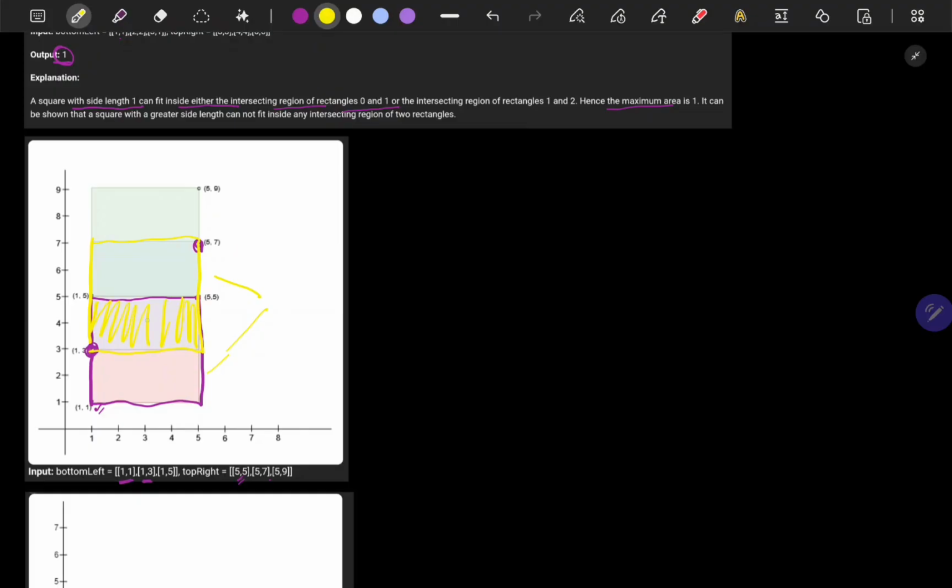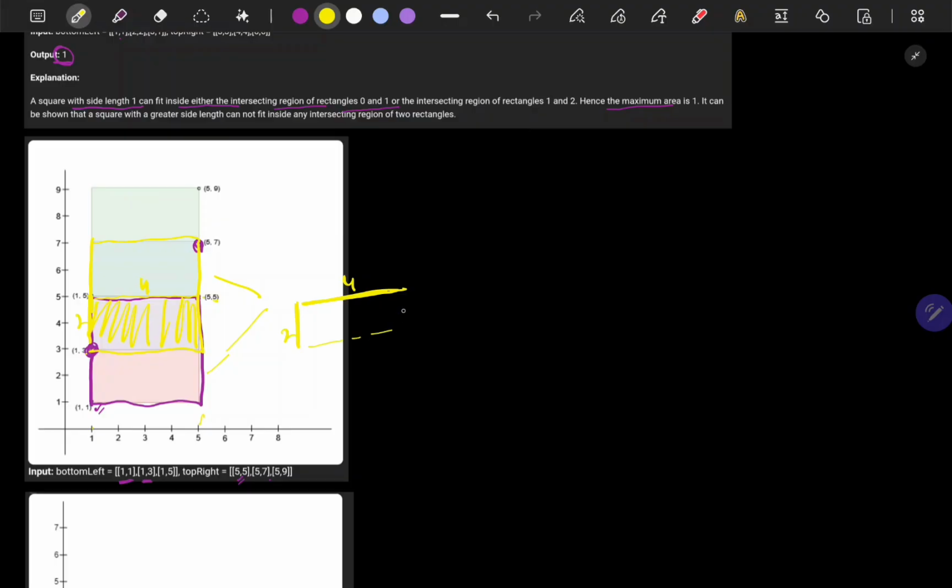Now this is not a square, because this length is 5 minus 3, which is 2, and horizontally it goes from 1 to 5, which is 4. So the height is 2 and the width is 4.